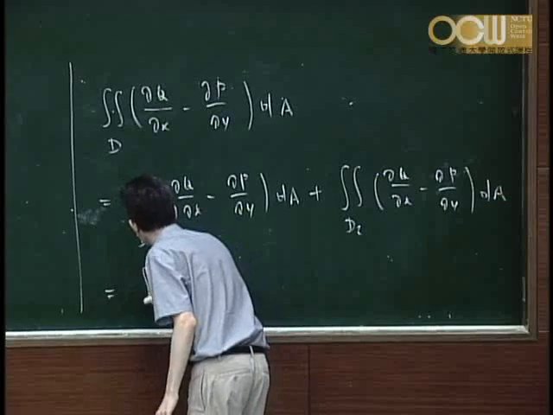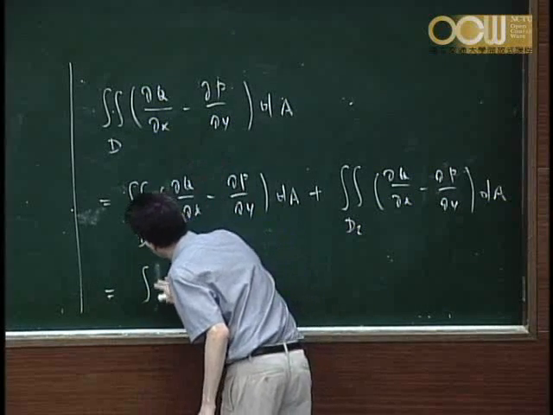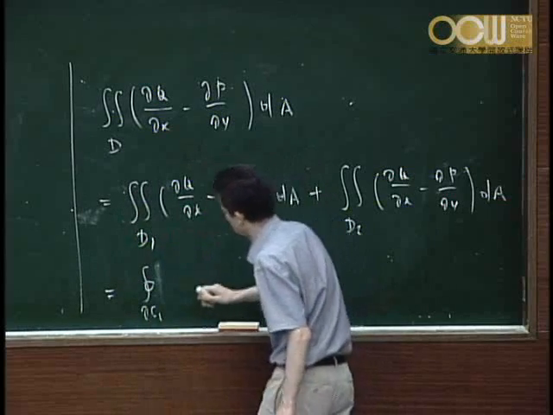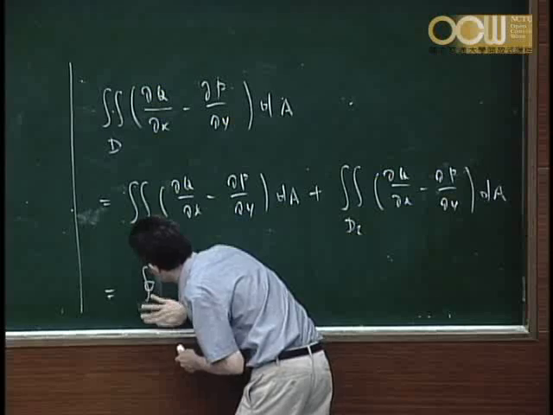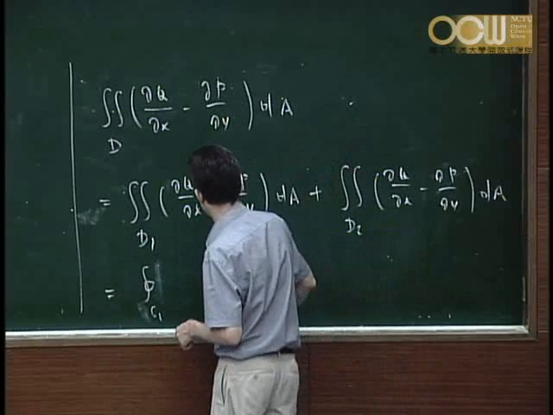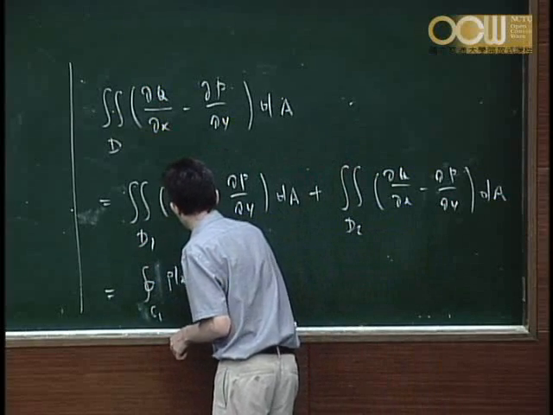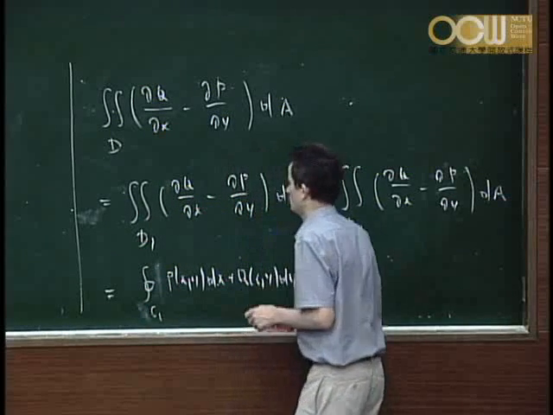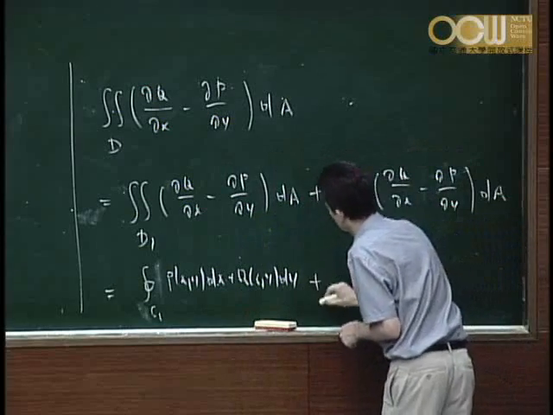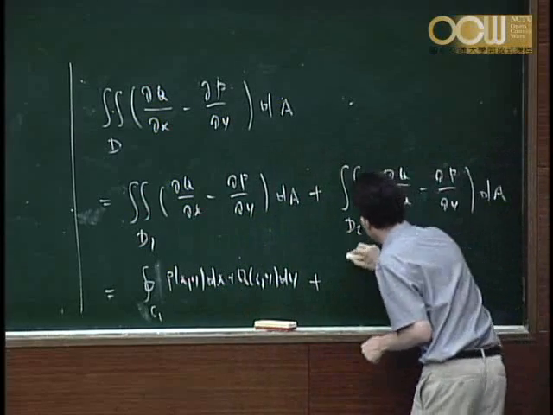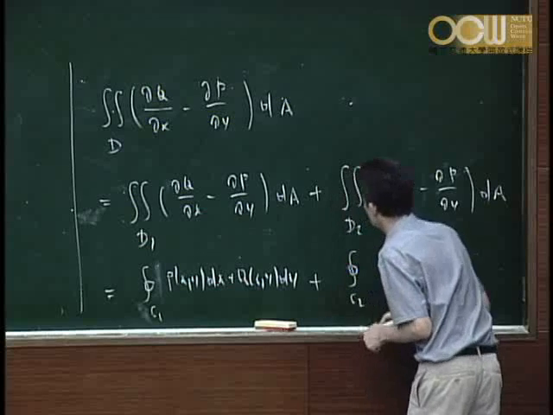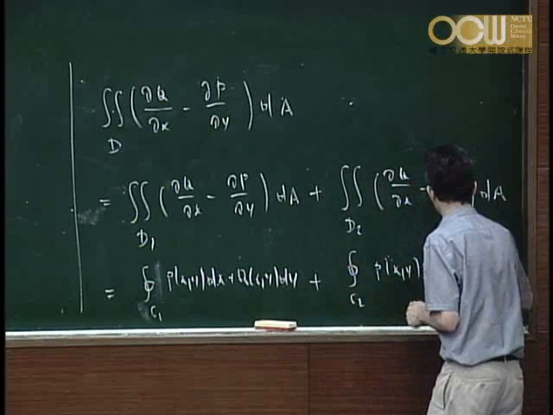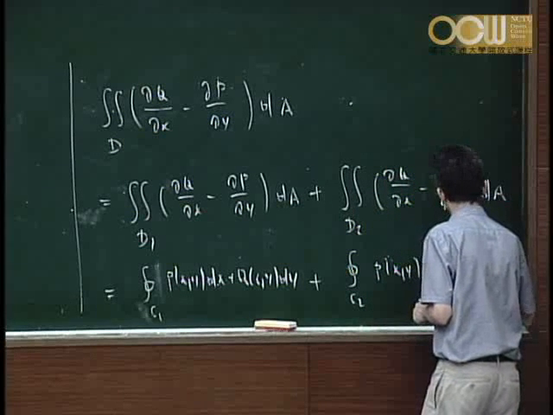So what we get is, the first part is the line integral over C1 of P(x,y) dx plus Q(x,y) dy, and the second one is the line integral over C2 of P(x,y) dx plus Q(x,y) dy.